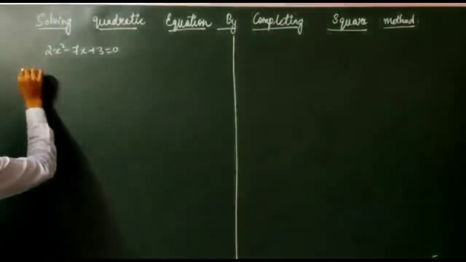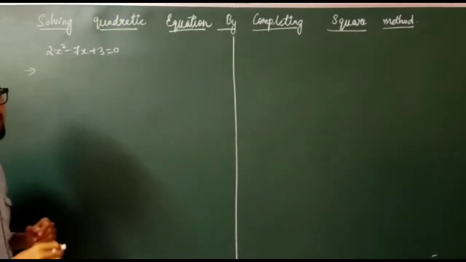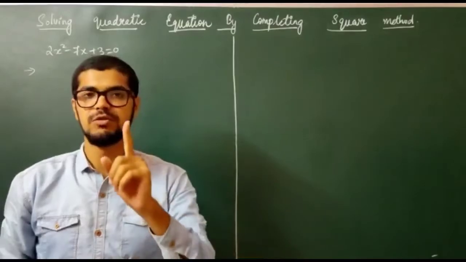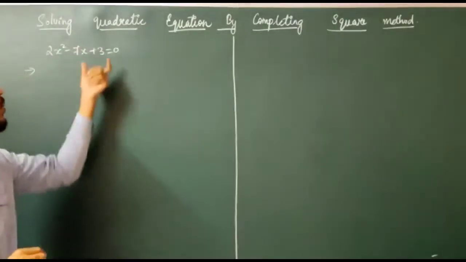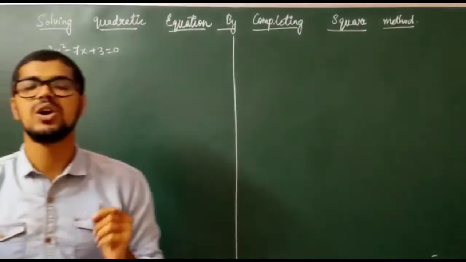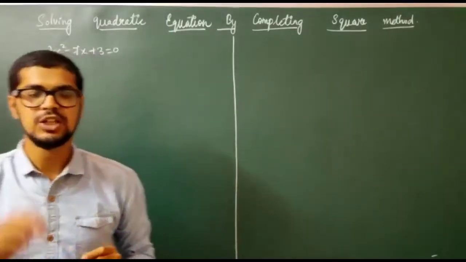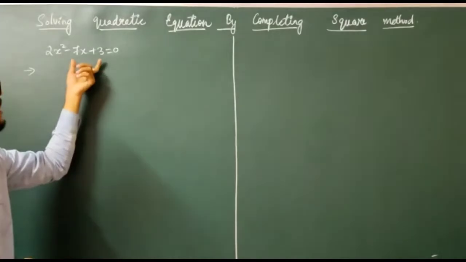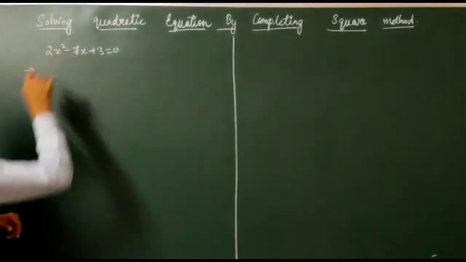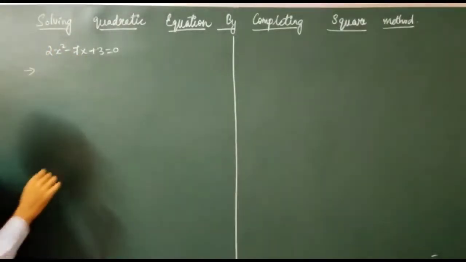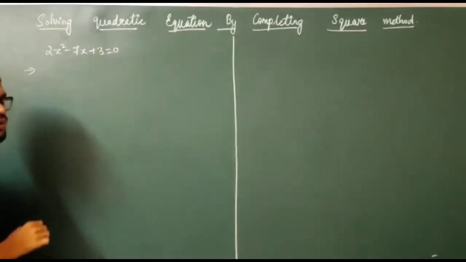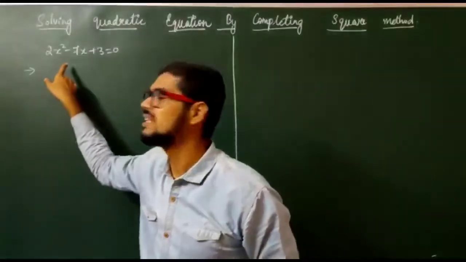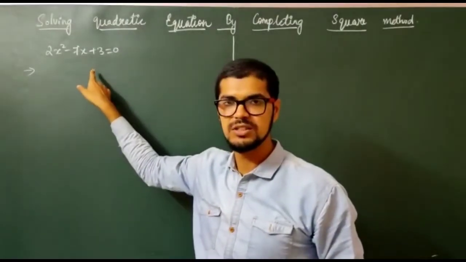The very first step is step 1. In order to solve this quadratic equation, I first need to check whether the given equation is a quadratic equation. Let me start with this example: 2x square minus 7x plus 3 is equal to 0. Students, quickly tell me, how can I tell whether this is a quadratic equation?